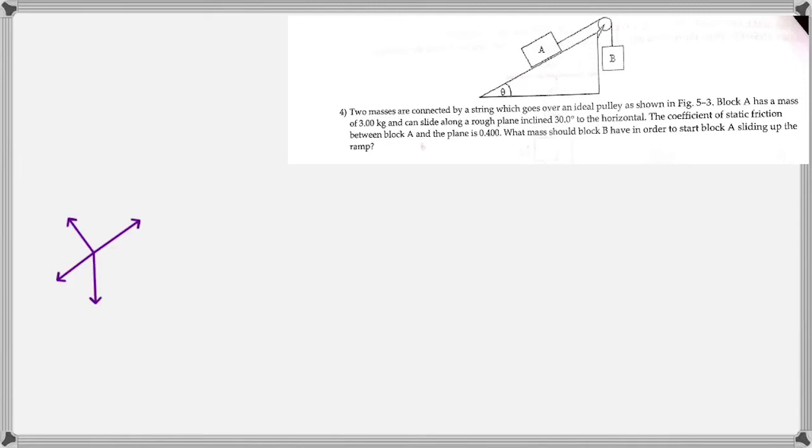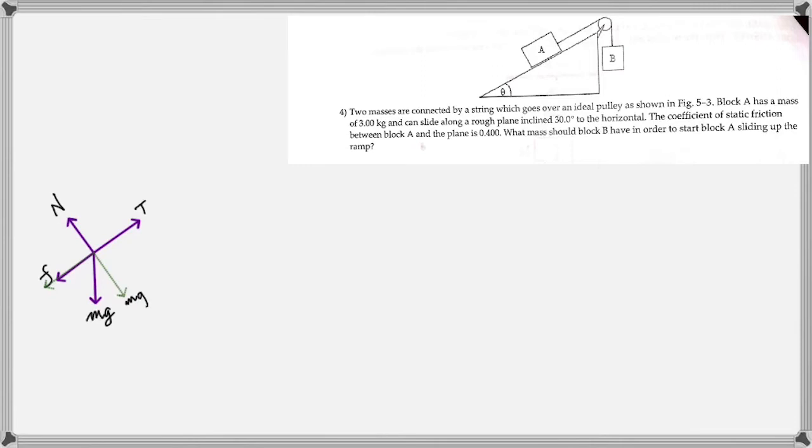When we break up the weight into its components, you're going to get mg sine theta and mg cosine theta. So here are the symbols for the forces. mg is the weight, and now you can see that mg is broken up into its components.